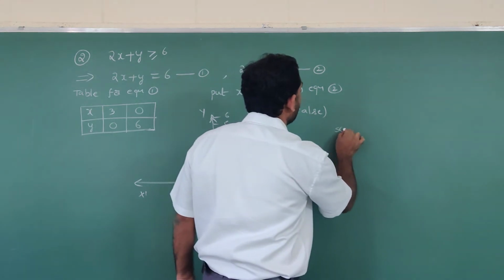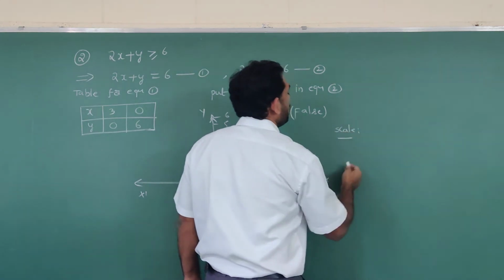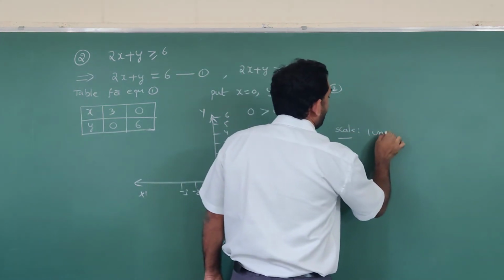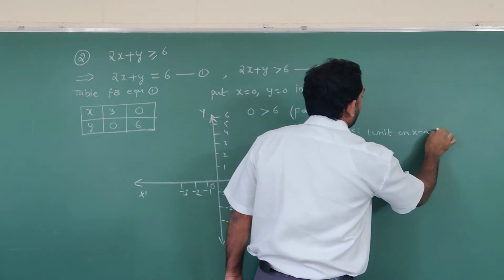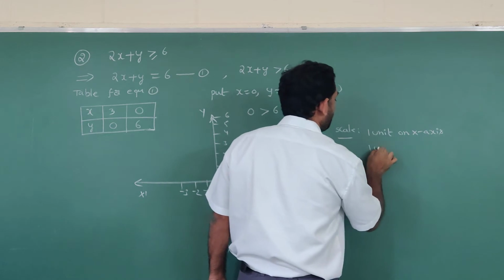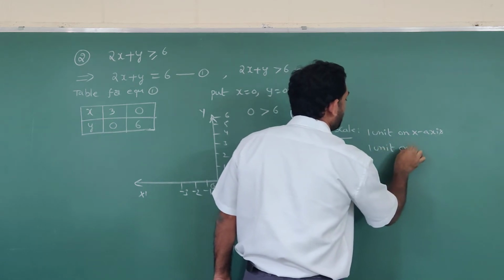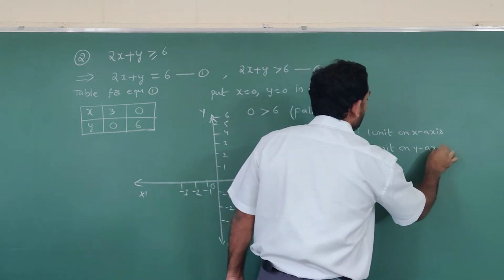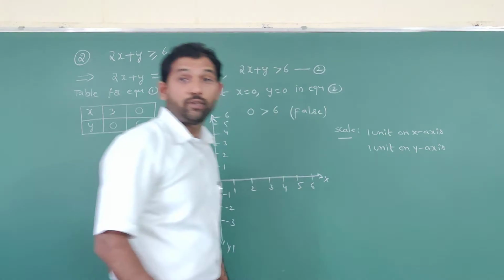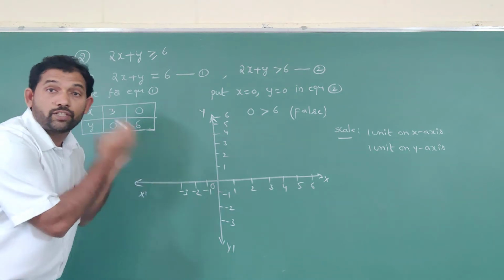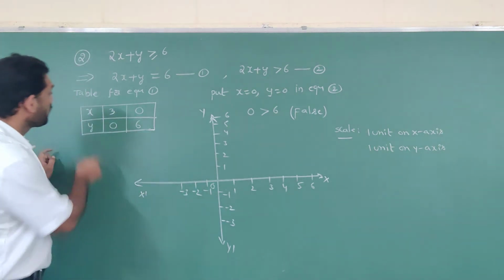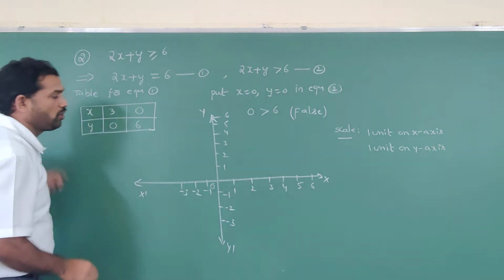So what is the scale? 1 unit on x-axis, 1 unit on y-axis. Then you take the line and represent the points. The first point is x equal to 3, y is equal to 0.